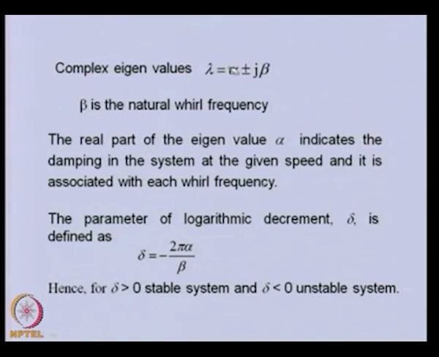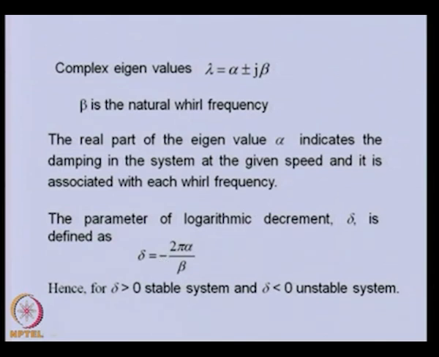This damping corresponds to that particular natural whirl, and if the bearing properties change with speed, they will change with the speed both. For the present illustration, we have not taken the bearing properties as speed dependent; we have taken them as constant. From this real part we can define a logarithmic decrement like this, which contains both alpha and beta, and the negative sign is there.